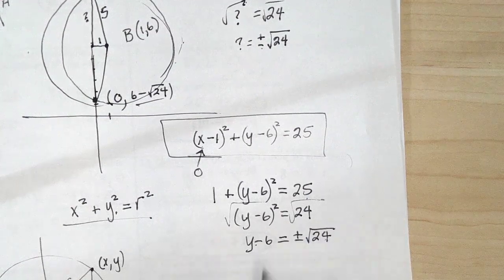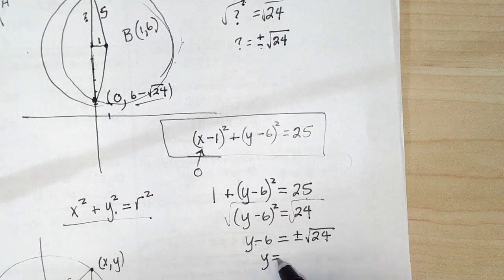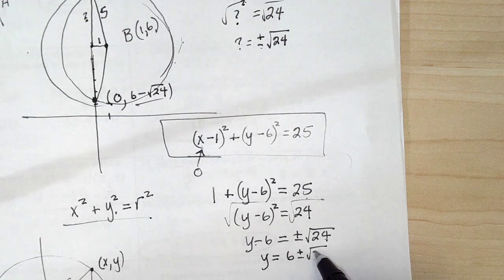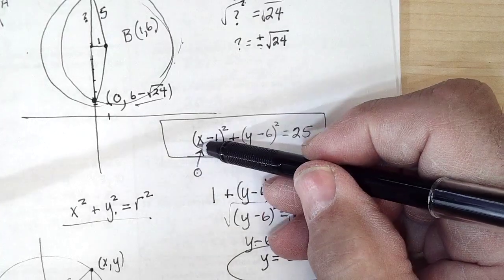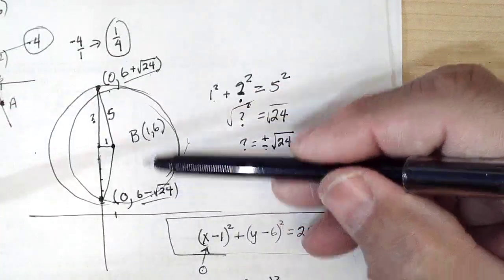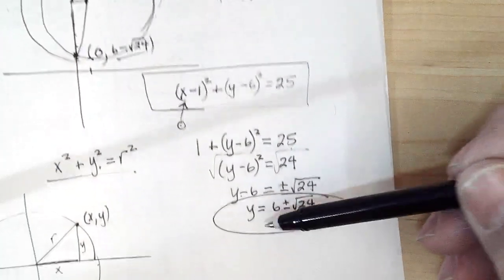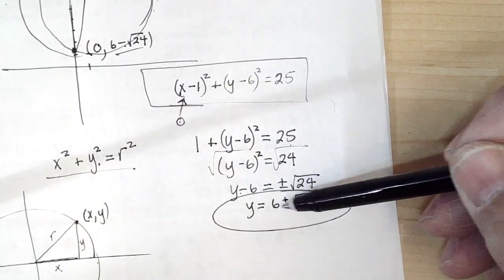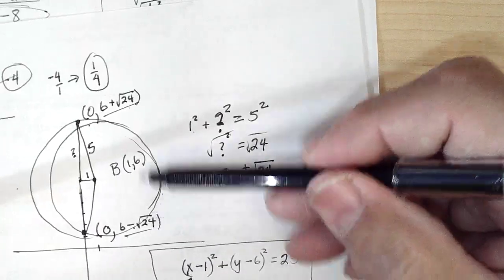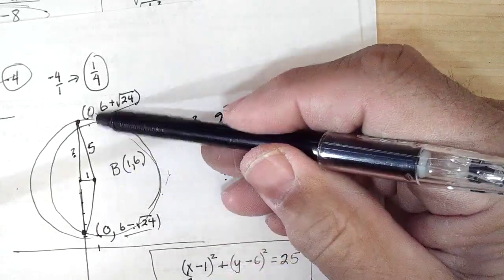Add 6 to both sides, and I get y is 6 plus or minus the square root of 24. And that happened when we let x be 0, and that's how we get the same 2 points. Y is 6 plus the square root of 24, or 6 minus the square root of 24. And x was 0.